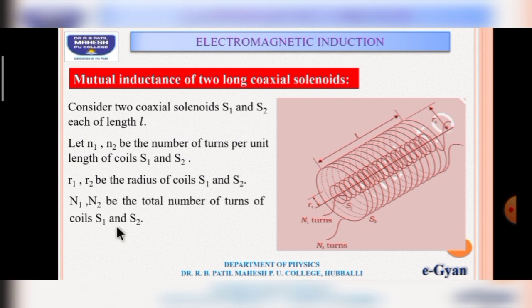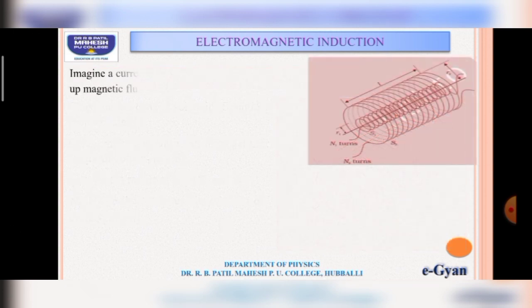Capital N1 and N2 are the total number of turns of coils S1 and S2. Here capital N1 is the total number of turns in S1 and N2 is the total number of turns in S2. Let us imagine that current I2 is flowing through S2.